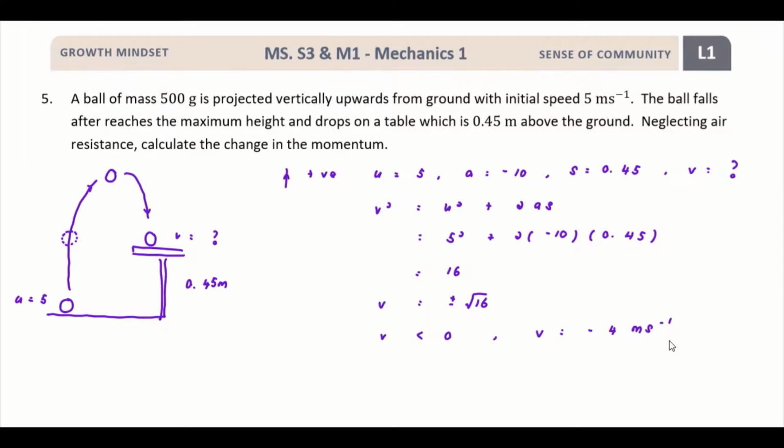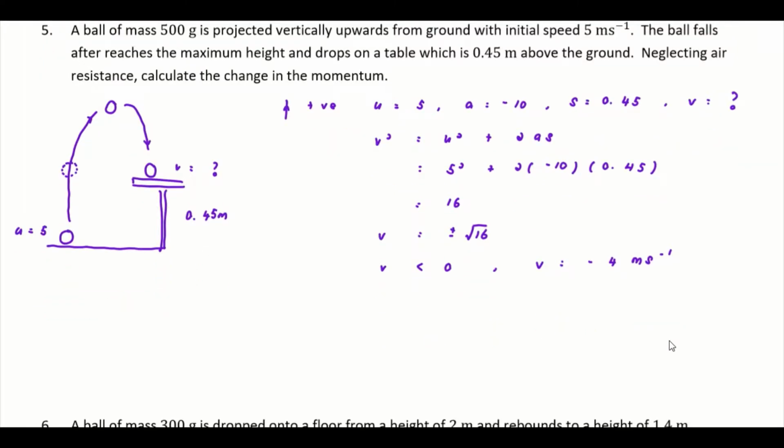After we get this, now we can find our change in momentum. When we solve for change in momentum, you can change the direction of your positive as well, because we know that the final direction is going down, right? So we can let going down be our positive direction. Now my final velocity is going to be positive 4 and my initial velocity is going to be negative 5.